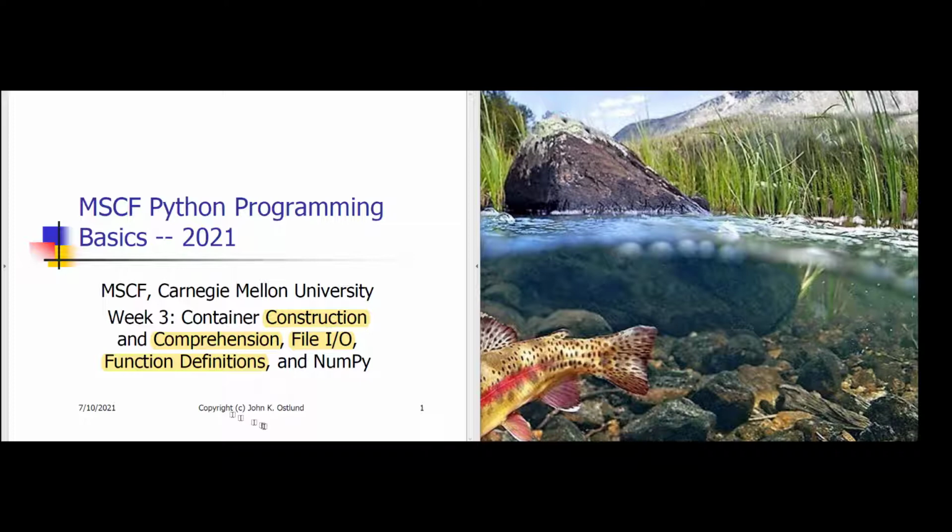There are both what are called positional parameters as well as keyword parameters. Finally, we'll take a look at the NumPy module that provides very efficient vectorized mathematical computations, random number generation, linear algebra facilities, and other things. So off we go.